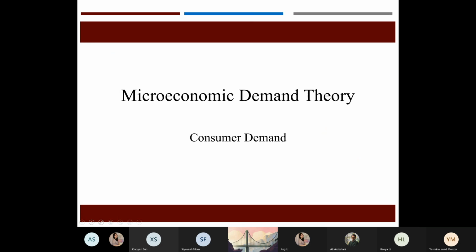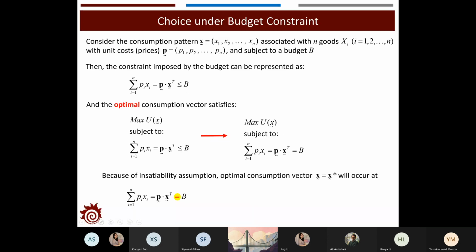Following that, we will have more analysis about the consumer demand. This will be a continuation of the previous analysis with respect to the optimization under budget constraints.